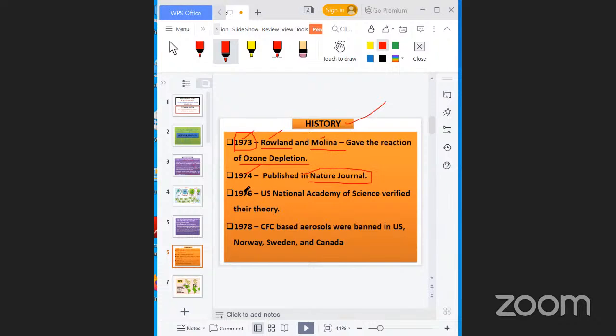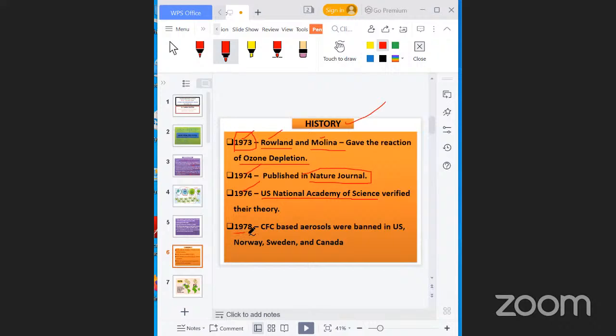In the year 1976, the United States National Academy of Sciences confirmed the scientific validity of Rowland and Molina's hypothesis in its report.